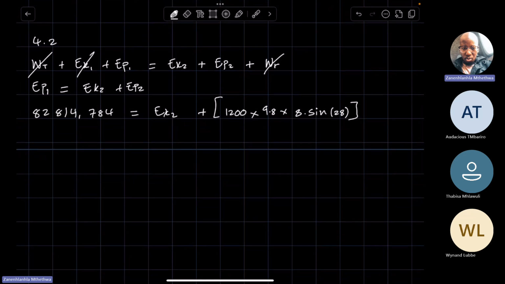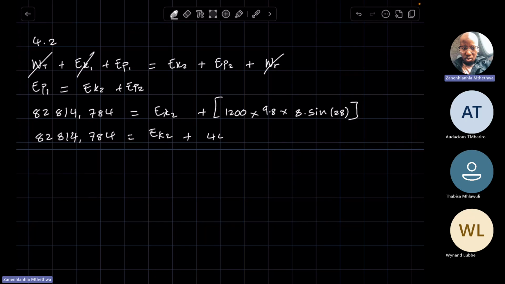Right? And then this will be 82814,784 is equal to EK2 plus, so let's calculate, this is 1200 times 9.8 times 8 sine 28.